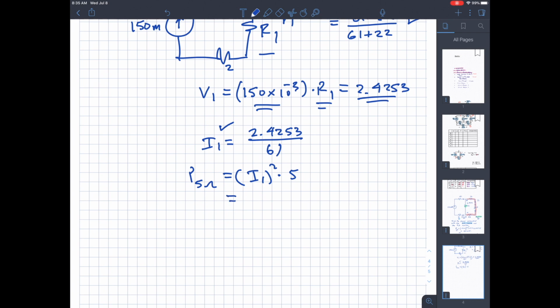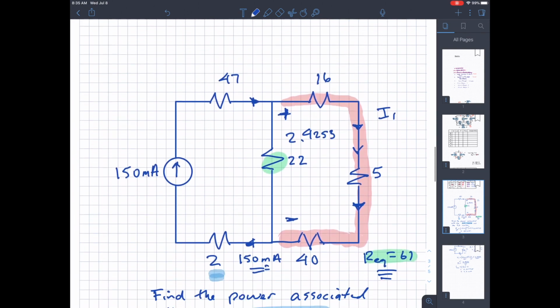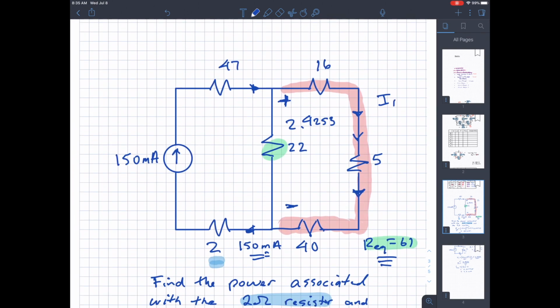What I get is 0.0079 watts, which is 7.9 milliwatts. So that gives you an idea of how you can do a circuit analysis on a circuit that has an ideal current source. The advantage of an ideal current source is you actually know the current that's produced by the source. Okay, so hopefully this example helps.